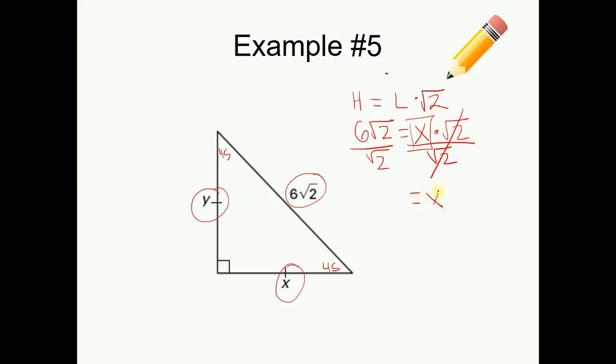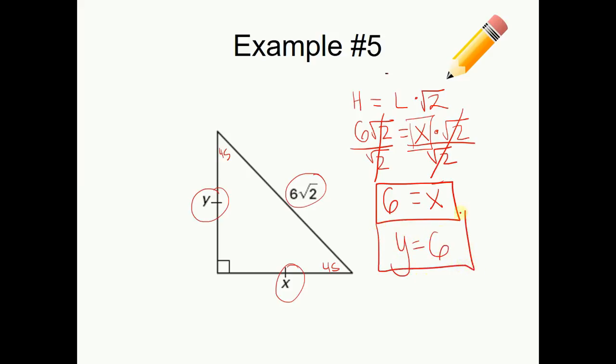So I'm going to be left with x over here. And then, whoop, the square root of 2's are going to cancel there as well. So I'm actually going to get 6 for a leg. Which if x is 6, since my legs are the same in a 45, 45, 90 triangle, my y is also going to be 6.